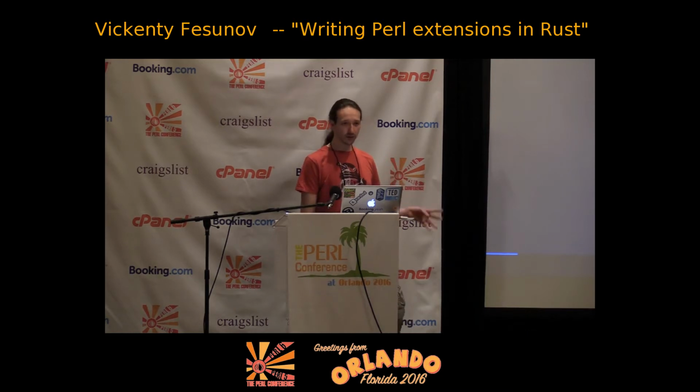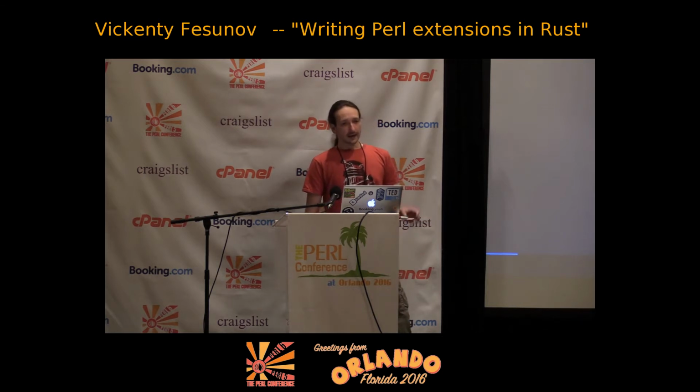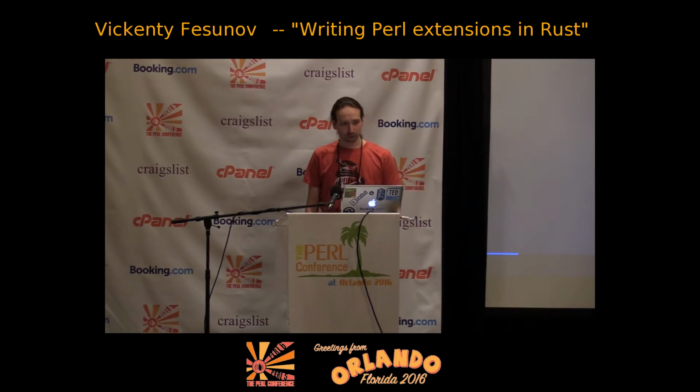So the Perl interpreter itself is written in C, as you probably know. And naturally, this makes C a great choice for writing Perl extensions as well. C is a great language, very powerful, but with great power comes great responsibility. Where Perl has runtime checks to make sure everything goes all right, C just assumes the programmer follows the rules and continues.